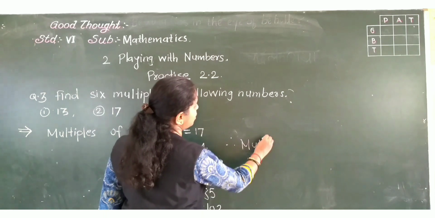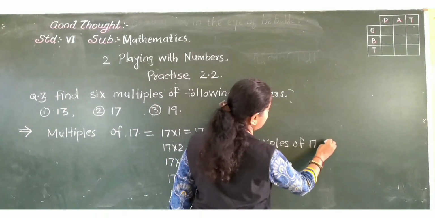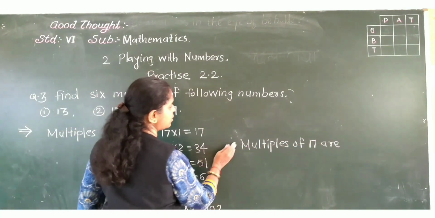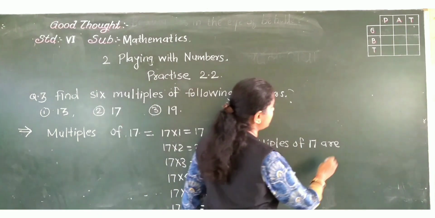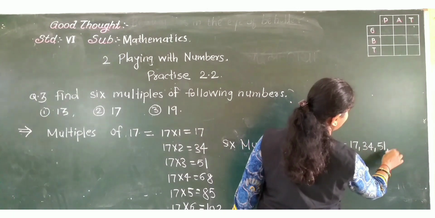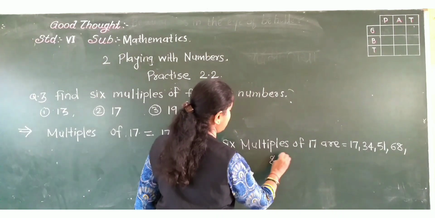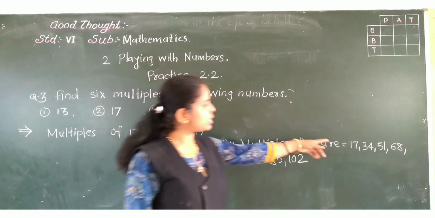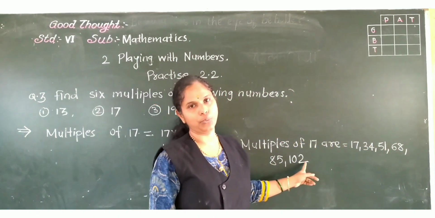Therefore, any 6 multiples of 17 are 17, 34, 51, 68, 85, 102.